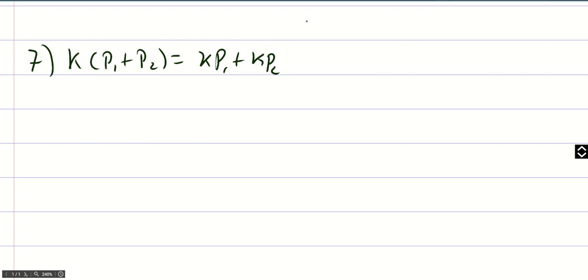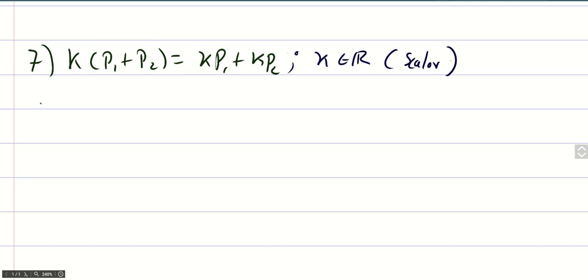Now we need to prove the axioms of the scalar multiplication. In this part, k is going to be just a real number, also called a scalar.